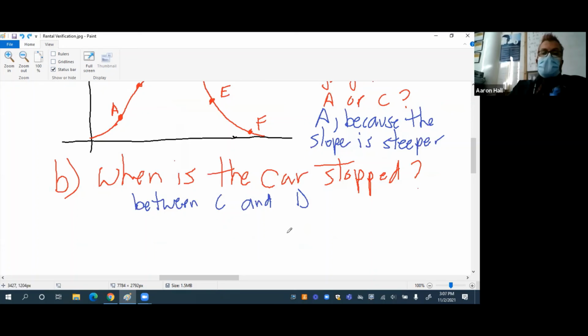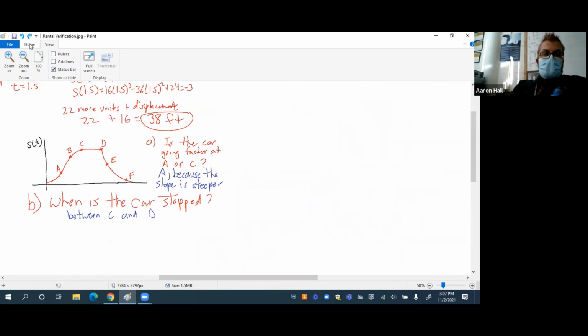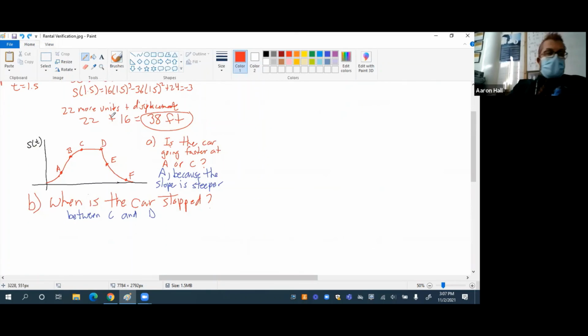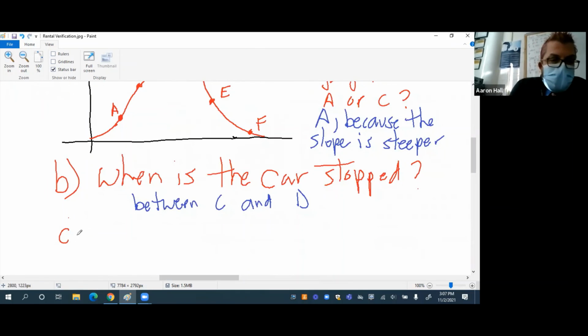All right, here's my next question. At what point is the car's velocity the greatest? I'll give you a hint. It's a trick question.